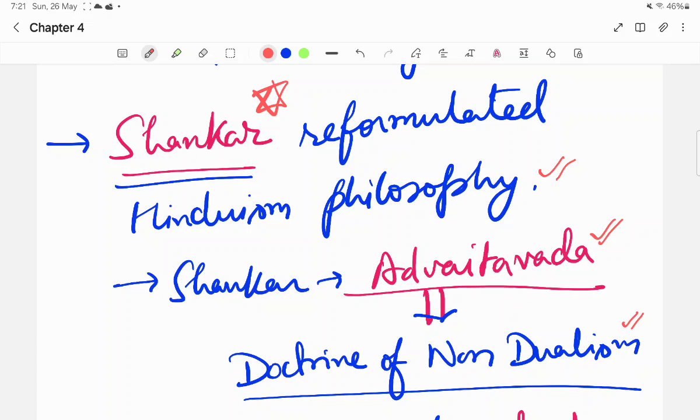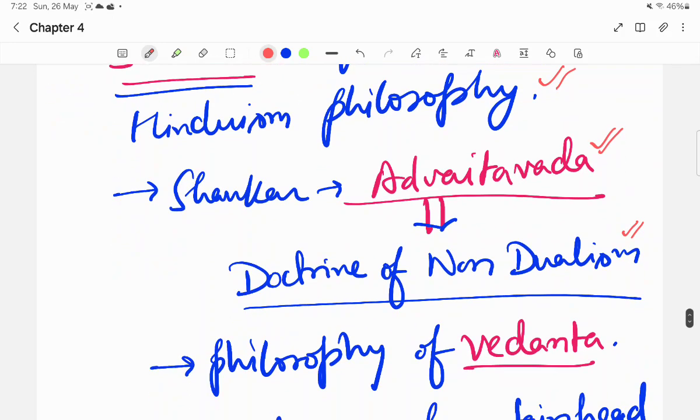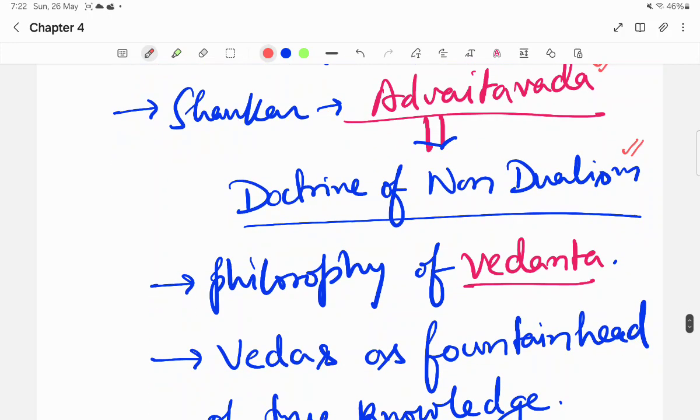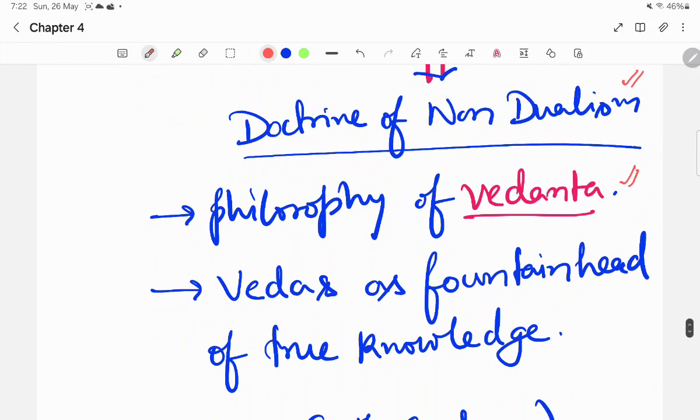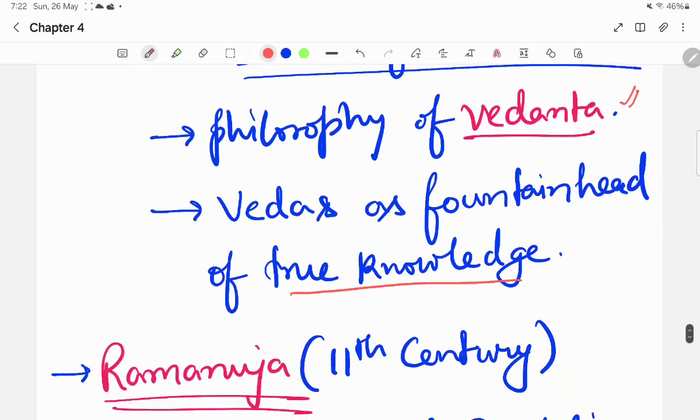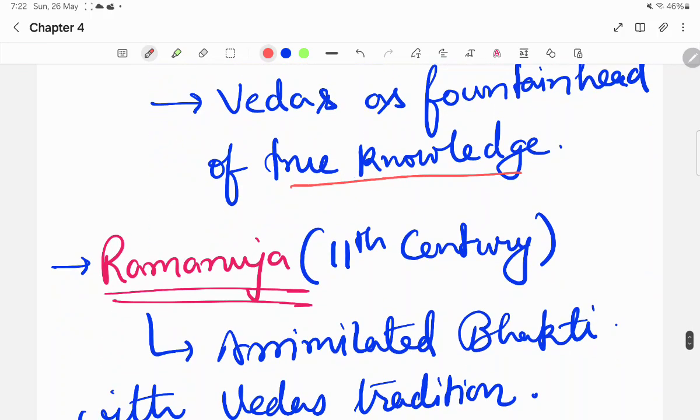So there were dualism and non-dualism. These concepts were understood by different philosophers and saints of that time, and Shankar was one who spread the doctrine of non-dualism, Advaitavad. And from that, the philosophy of Vedanta also came, and Vedas were treated as the fountainhead of true knowledge during that time.